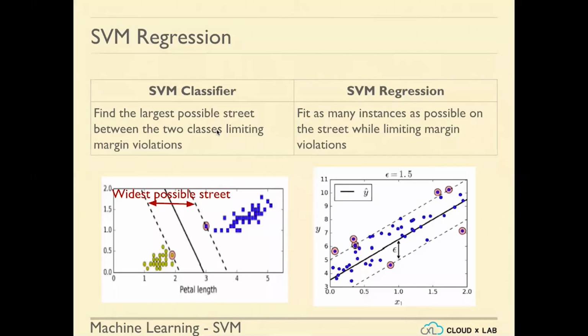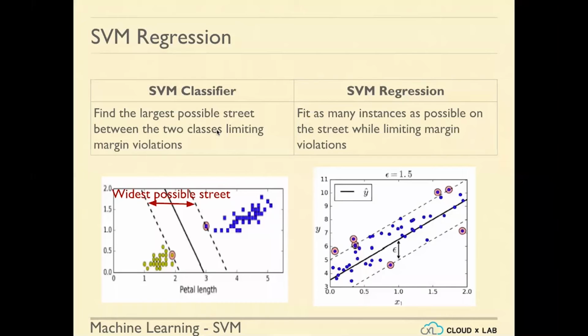So in case of the SVM classifier, what we were trying to do was find the largest possible street between the two classes such that we minimize the number of margin violations.